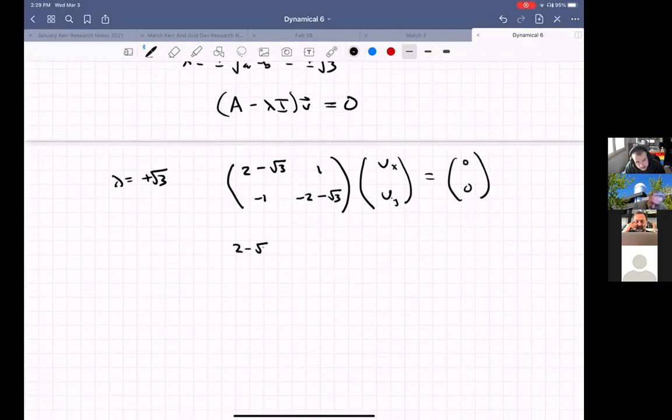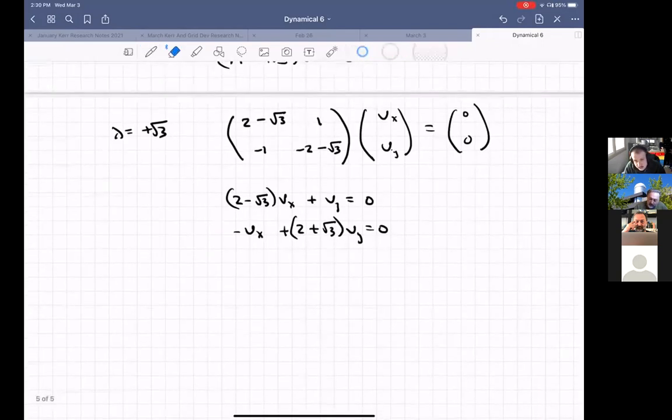I have 2 minus root 3 times Vx plus Vy is equal to 0. And I have minus Vx minus 2 minus root 3 Vy equals 0. All right, so that's what I have so far. If I write out the two equations, that seems okay? Yeah, so far that seems fine.